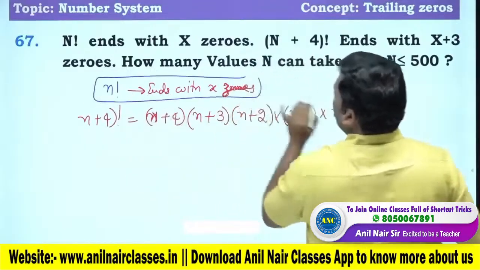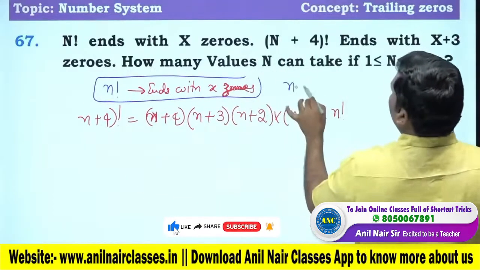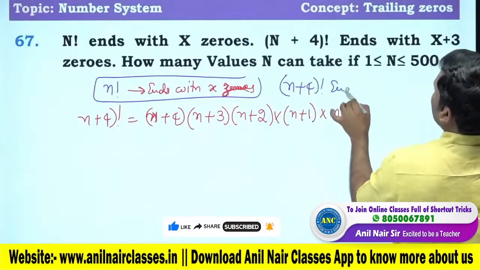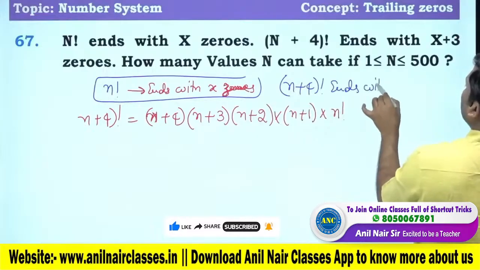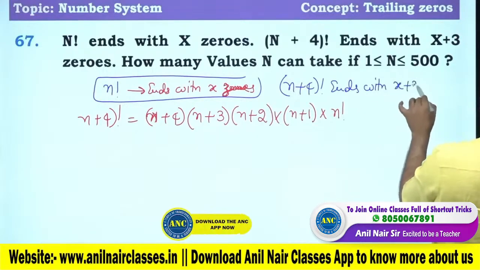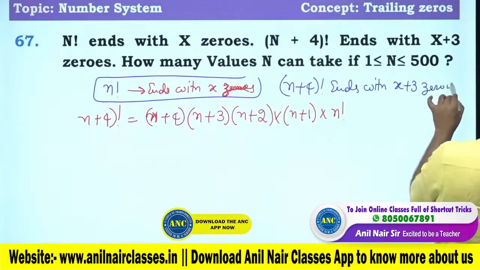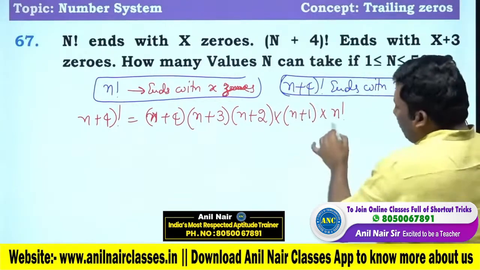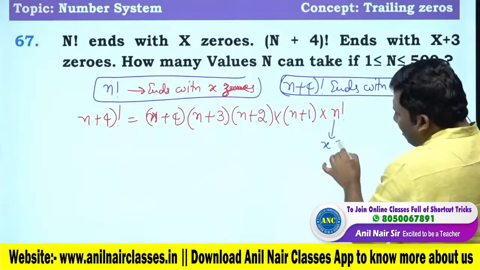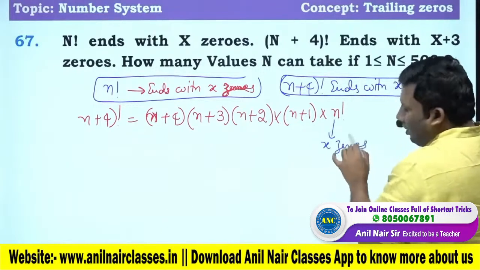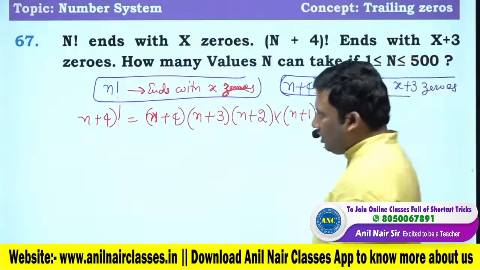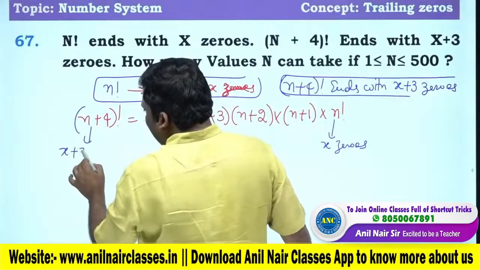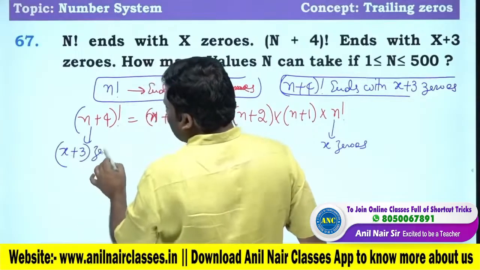Next: N plus 4 factorial ends with x plus 3 zeros. That means n factorial is ending with x zeros, and n plus 4 factorial is ending with x plus 3 zeros.